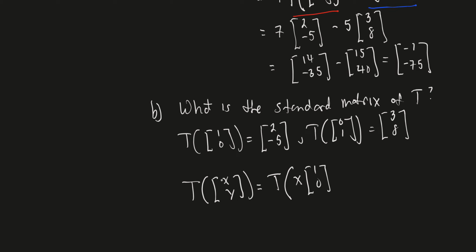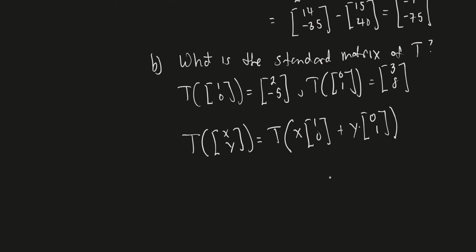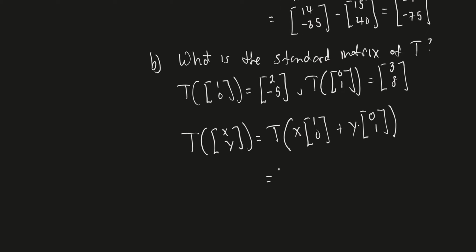That would make sure I have the x in my first component there. And then plus y times (0, 1). Okay. And then let's see what happens. So then if I break this into two terms, so this will be the image of x times (1, 0) plus the image of y times (0, 1).